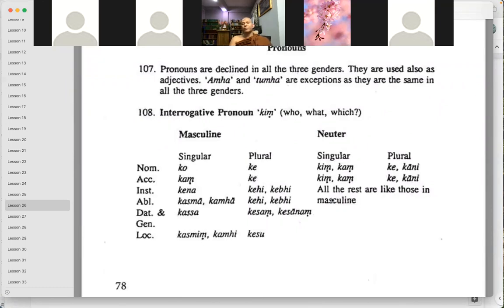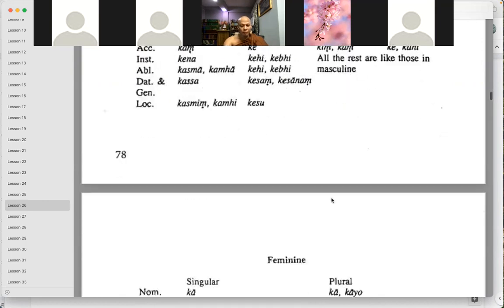The word for the question who belongs to the interrogative pronoun, and then 109 is a pronominal adjective.